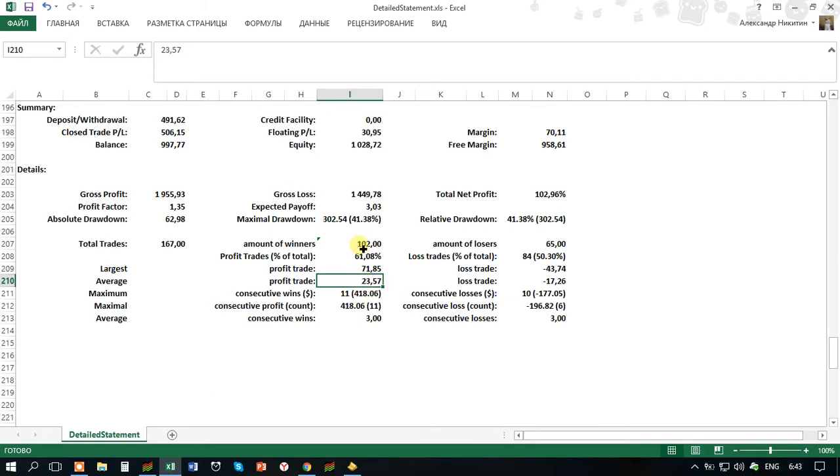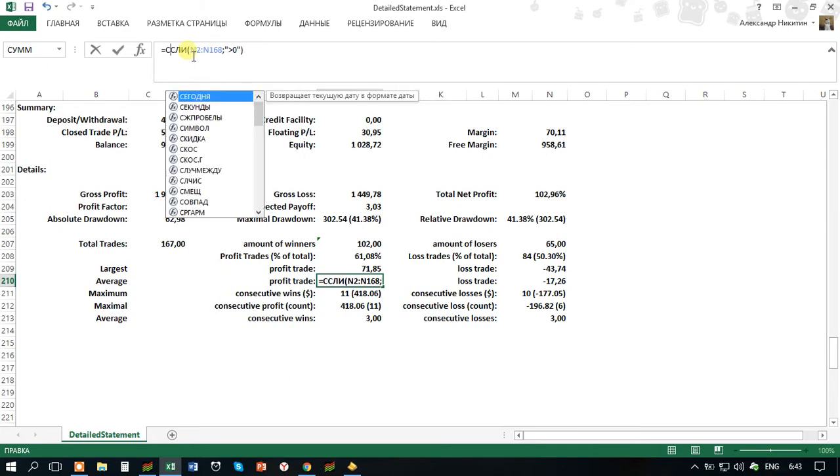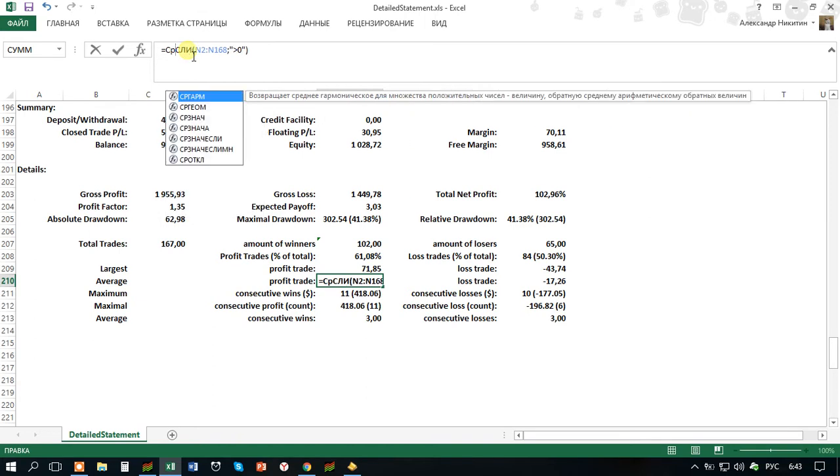we will adjust this, type in this formula. Let me copy that. Let me go to this cell, yes, and place it here. But instead of count, I'm not interested in counting those that are more than 0. I'm interested in average. The Russian letter looks like this.